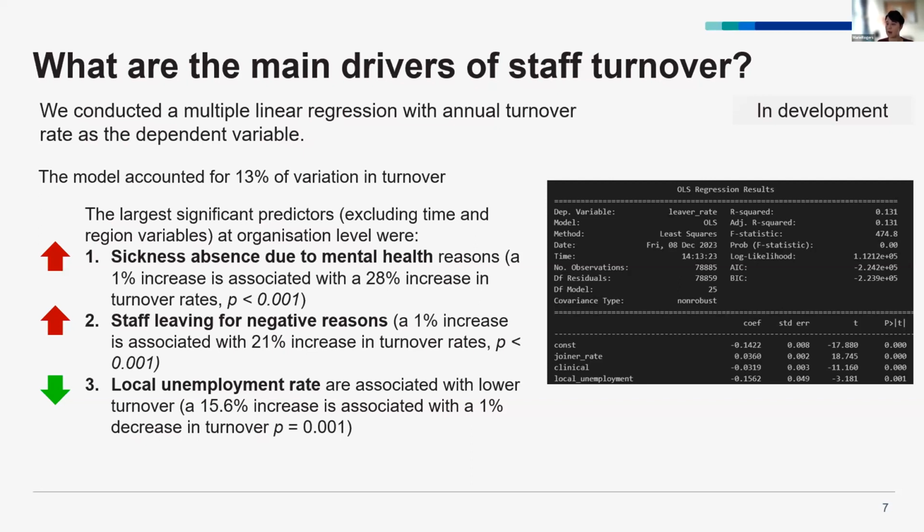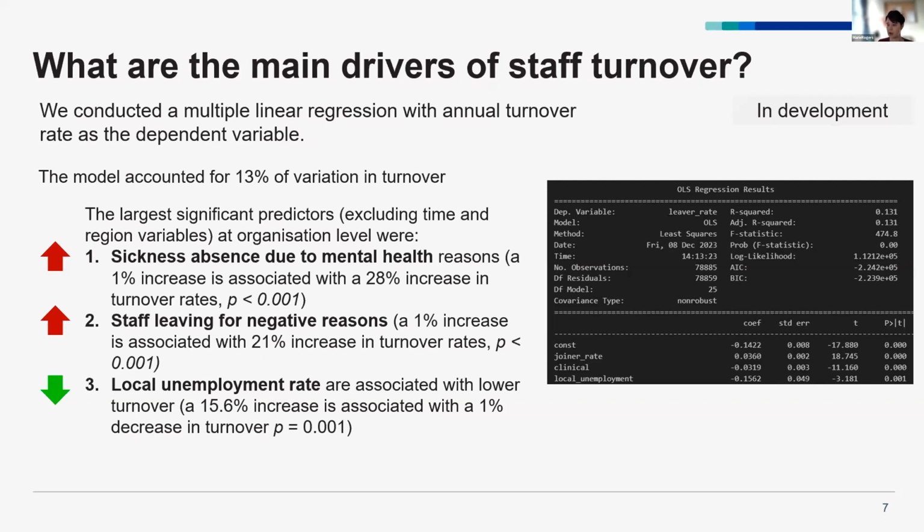Organisations where the reasons for leaving data indicated more staff were leaving due to negative reasons, so things such as leaving due to poor work-life balance or bad working relationships, as you might expect, those organisations had higher turnover rates.